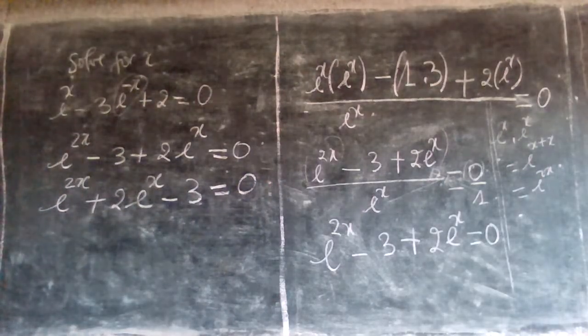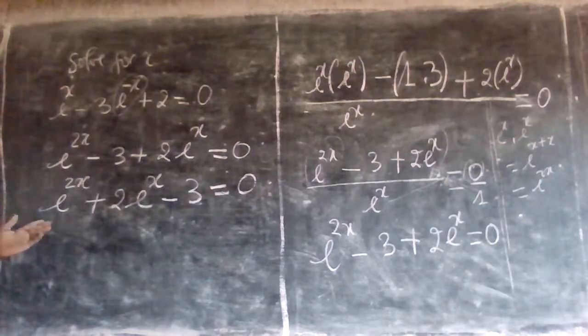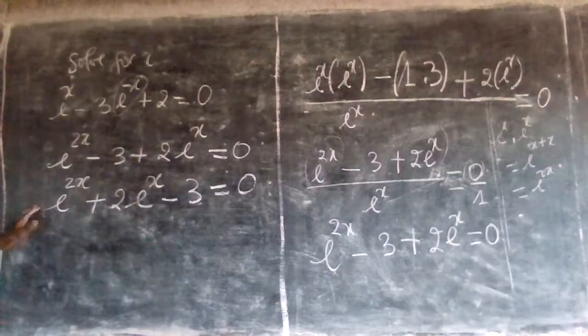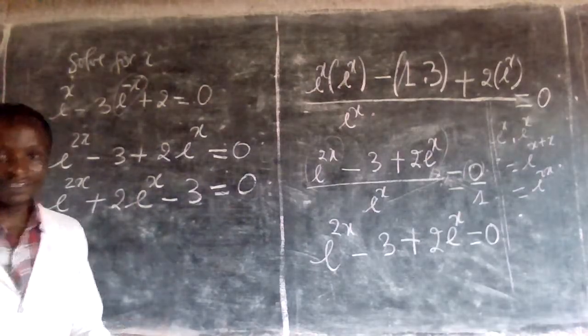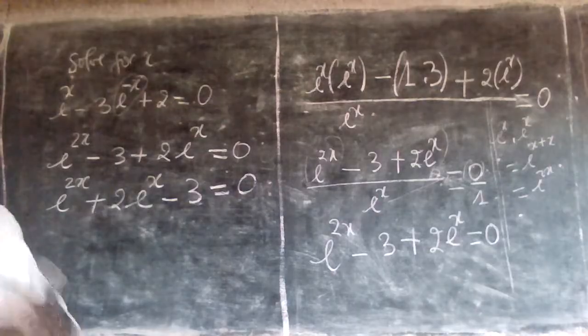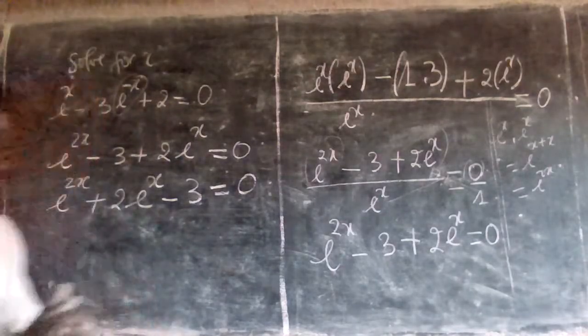Yes? Now, what are we going to do? You see, this is another exponential which has the form of a quadratic equation. Yes? It is an exponential equation, but it has the form of a quadratic equation.